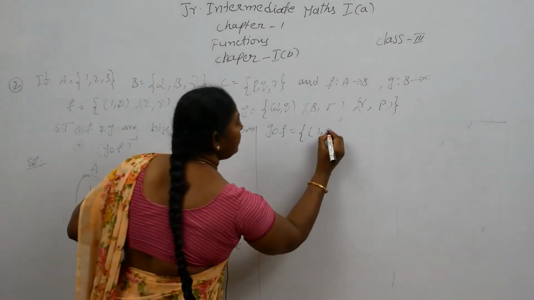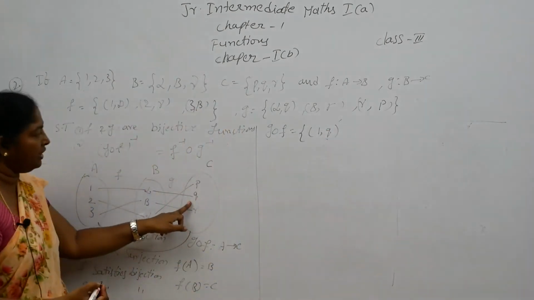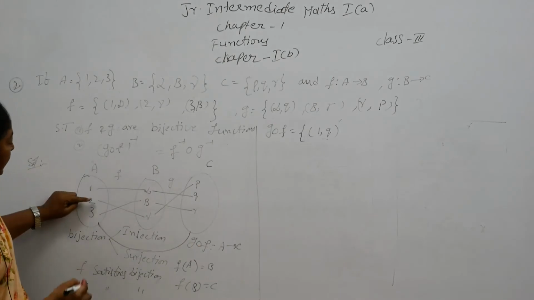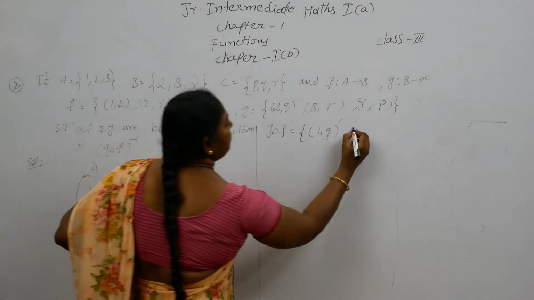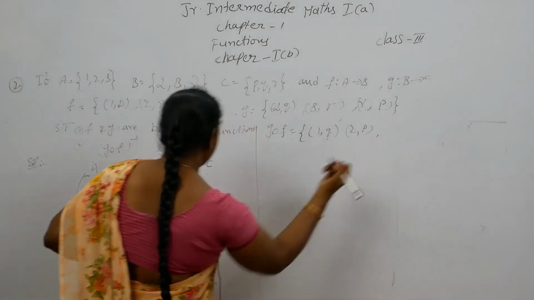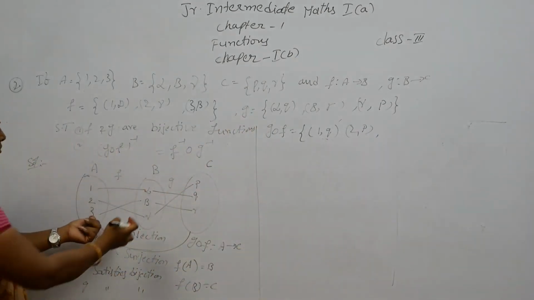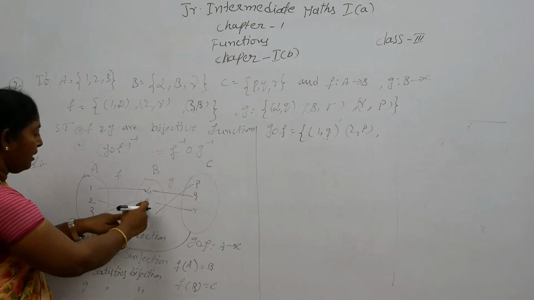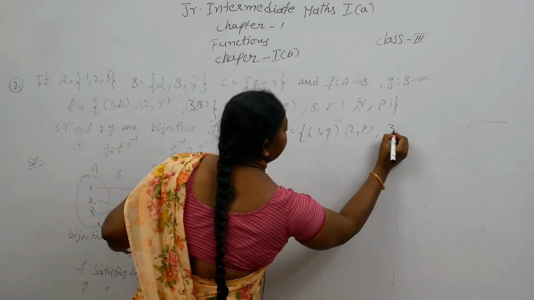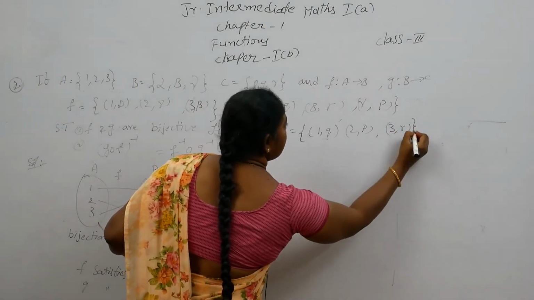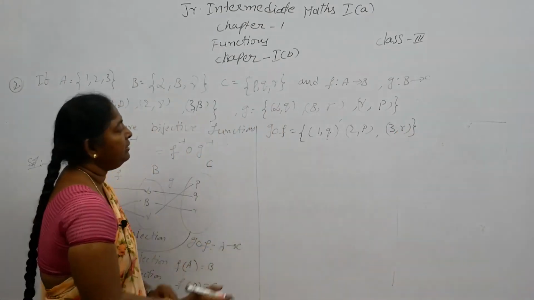So 1 to q, one set formed in ordered pair 1 comma q, and again 2 to gamma to p. So 2 comma p. Next 3 to beta to gamma. So 3 comma gamma. So g of f is complete.